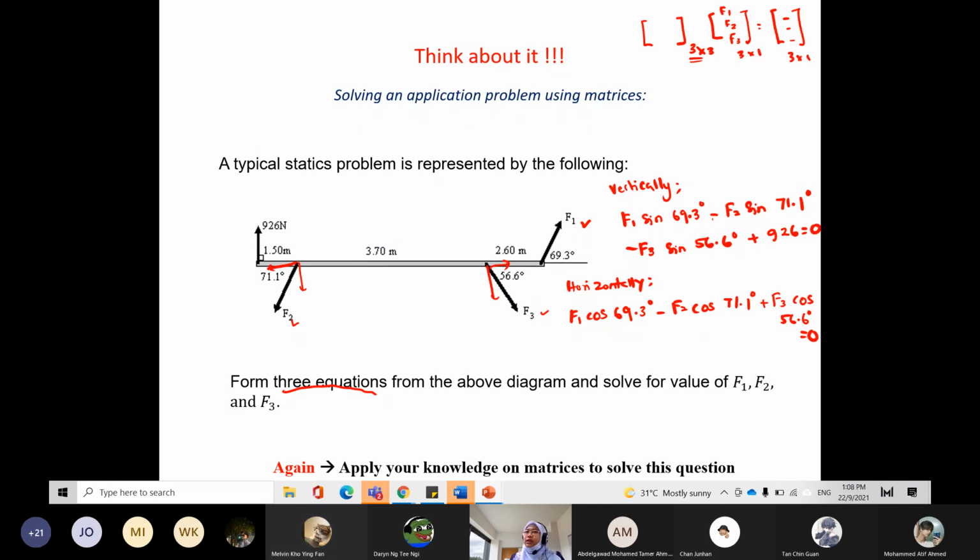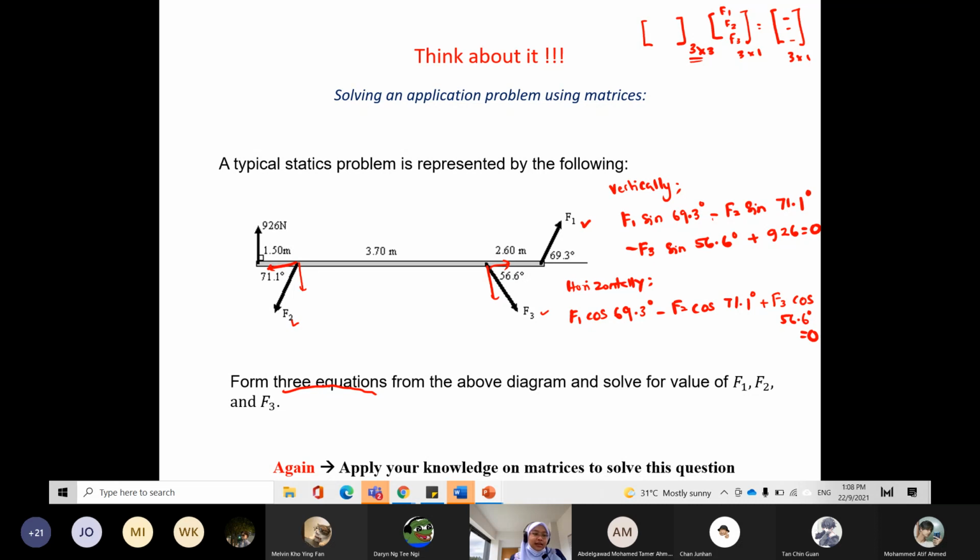How do you know that this structure has a torque? Since it's not rotating, the torque should be 0, right? Correct. Or we can say we can use a moment equation, isn't it?